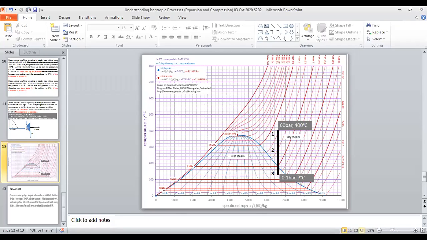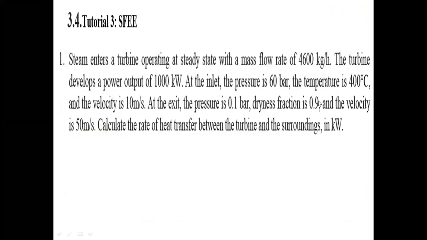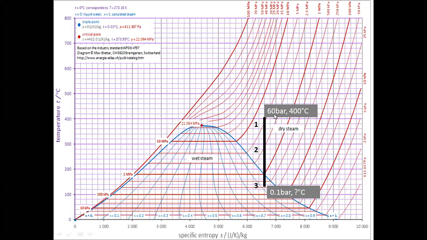So 60 bar means, okay, how many megapascals? 60 times 10 to the power 5 pascals means this is 6 megapascals.